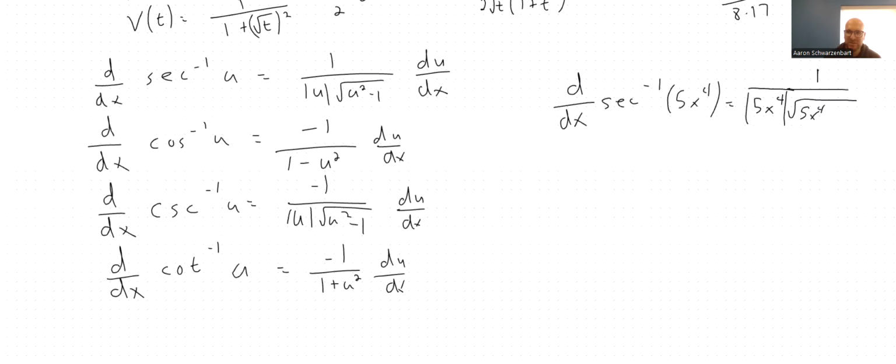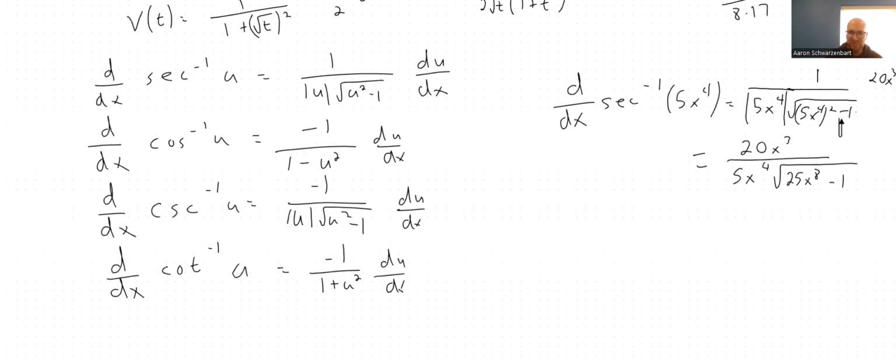Times the square root of 5x to the fourth squared minus 1. And then times the derivative of 5x to the fourth, which is 20x cubed. So I'll simplify that. I'll just move the 20x cubed to the top. When I square the 5x to the fourth, I get 25x to the eighth, minus 1.